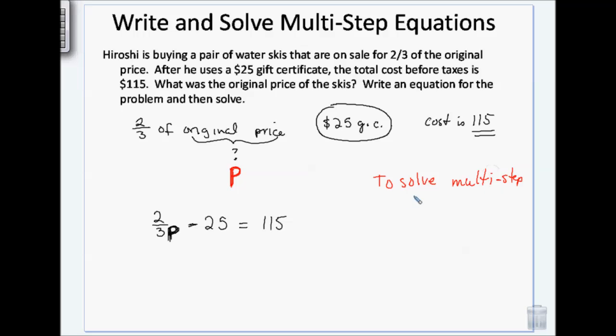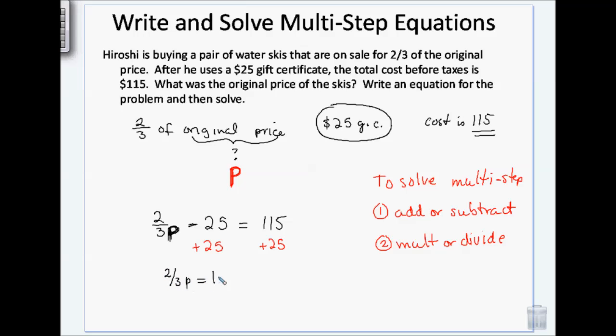If we're solving multi-step problems, first we do the addition or subtraction. Then we do multiplication or division. Okay, so the first thing I want to do to get this isolated, I'm going to add 25 to both sides. So 2/3 P is 140.